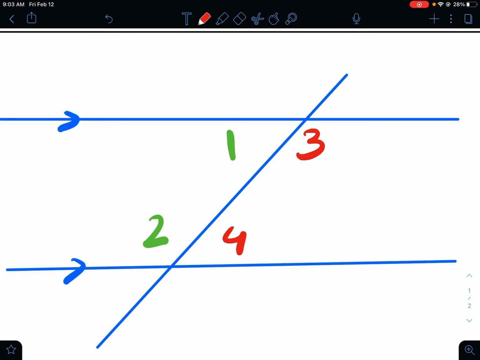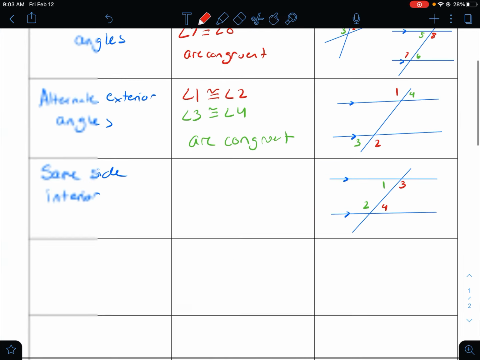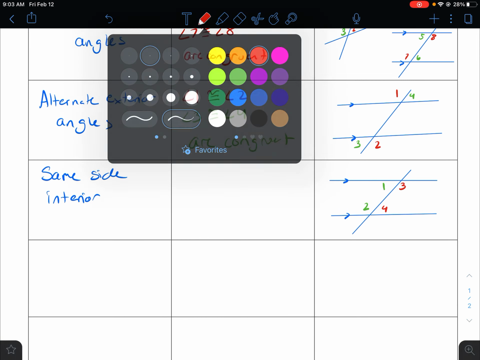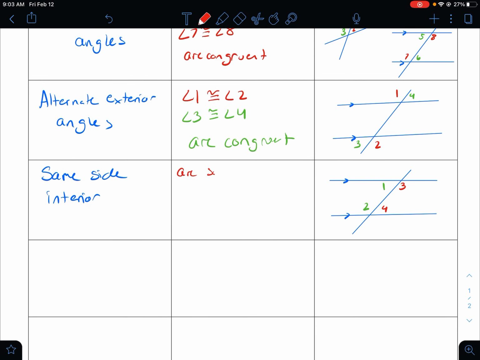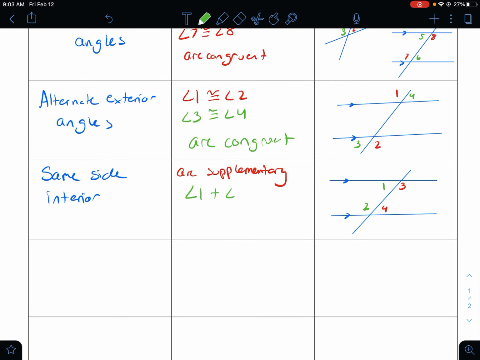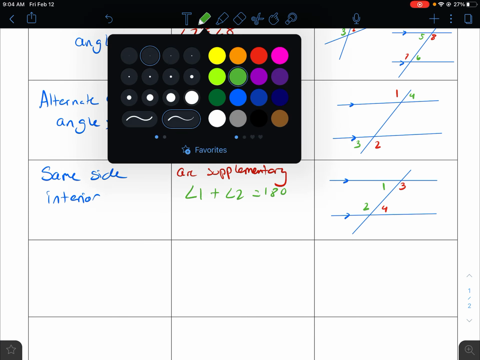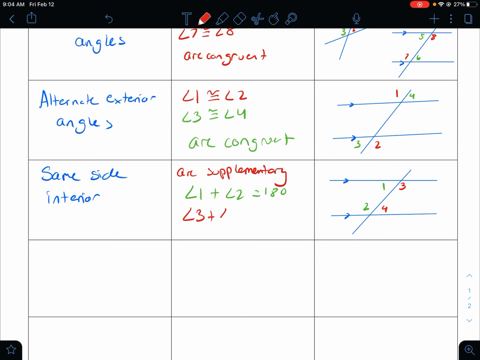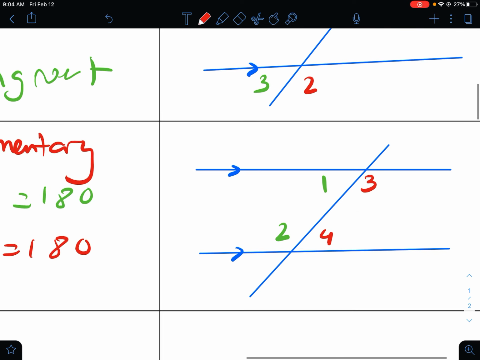So 1 and 2 are same side interior angles. They're not congruent. They are actually supplementary. So same side interior angles are supplementary. That means that angle 1 plus angle 2 equals 180, and angle 3 plus angle 4 equals 180. All right, cool. So again, these were same side interior.